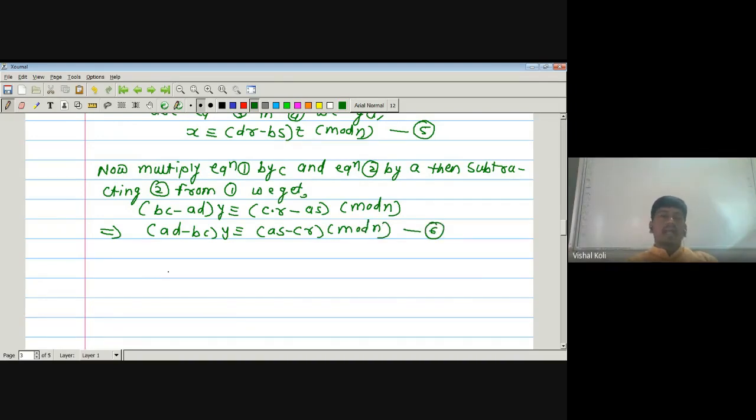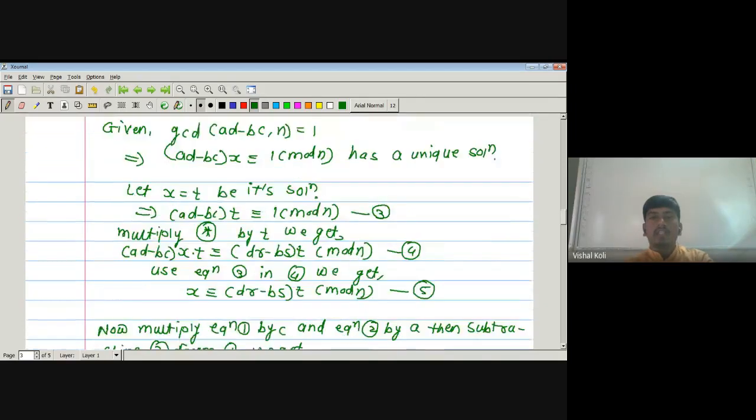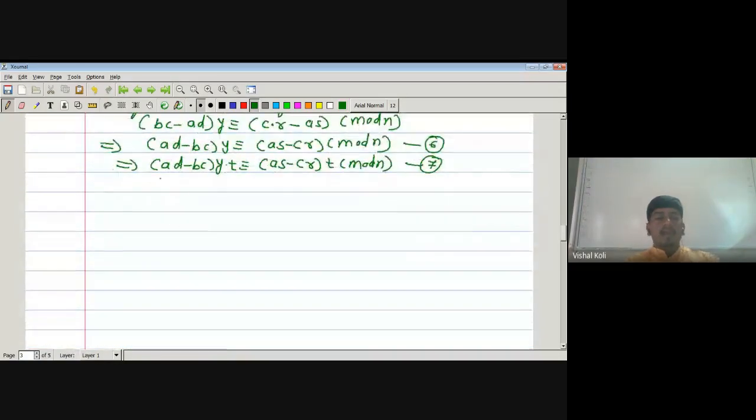Again, multiply equation 6 by t. We get (ad minus bc) y into t is congruent to (as minus cr) t modulo n. This will be equation 7. Again, we use equation 3 in equation 7, that is, (ad minus bc) t is congruent to 1 modulo n. Then y is congruent to (as minus cr) t modulo n.